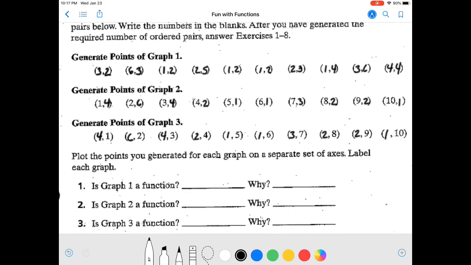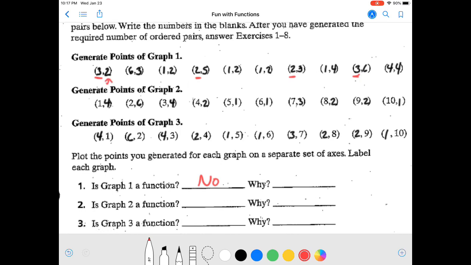So let's look first if graph 1 is a function. On graph 1, we have to look at the x values and see if they repeat. I'm seeing that 3 repeats, 1 repeats, and 2 repeats as x values.